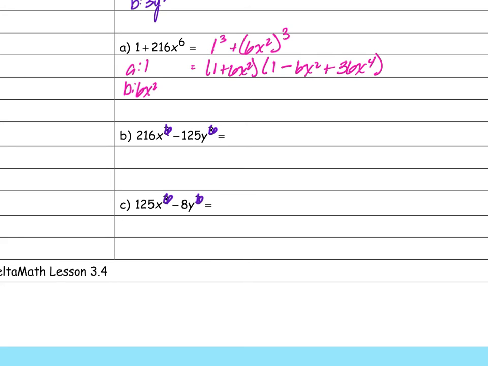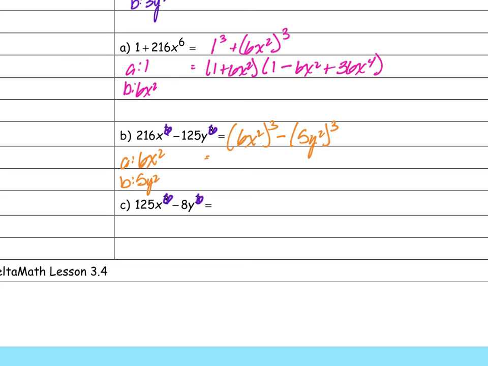If I rewrite this, this would be 6x squared cubed minus 5y squared cubed. And then A is 6x squared and B is 5y squared.